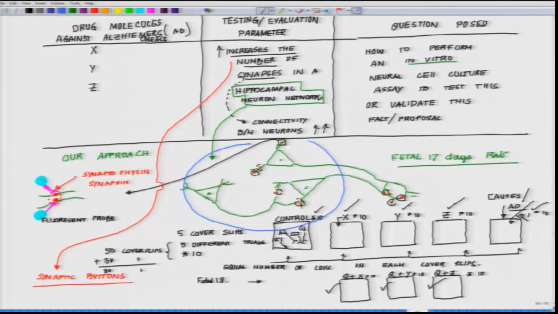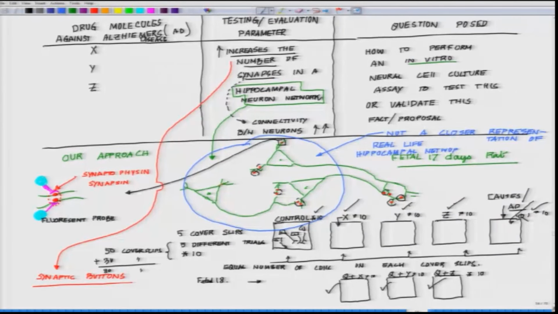So, this is not the true representation, this is not a closer representation to, mark my word, not a closer representation of a real life hippocampal network.